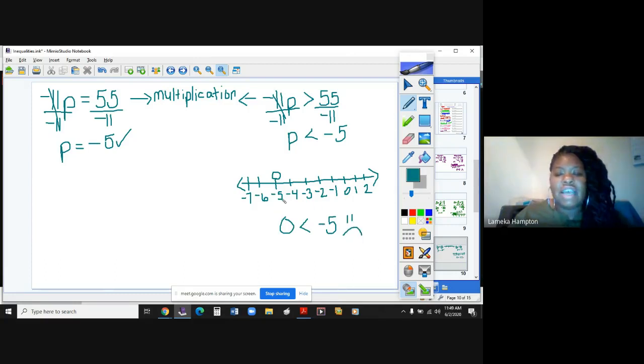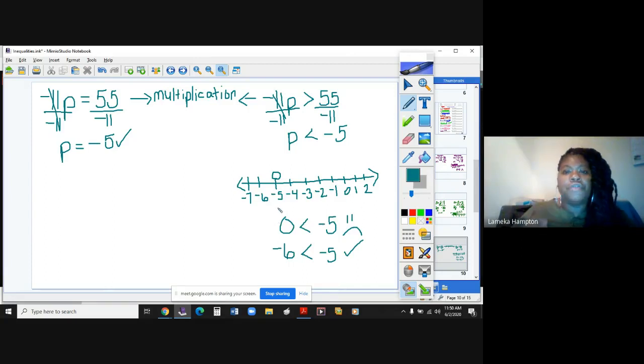Because that's not true, that lets me know that any number to the right of -5 would not be true. So therefore, if I pick, let's say -6, -6 is less than -5. The reason why -6 is less than -5 is because if I were to compare these two numbers, -5 is closest to 0.